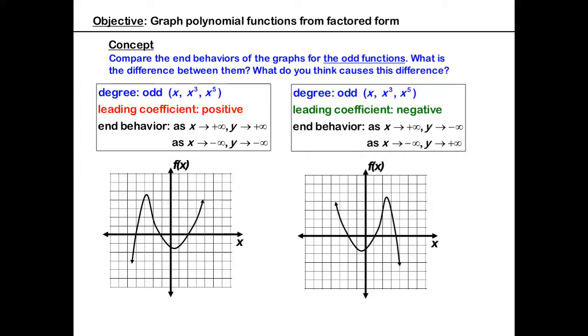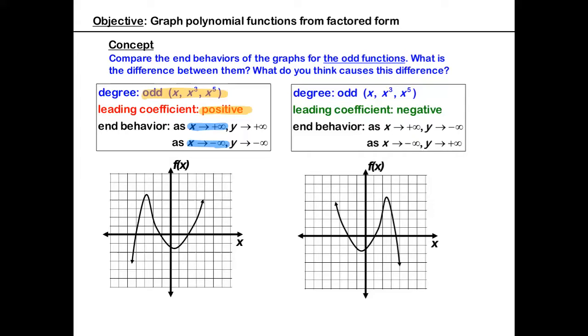All right, so I want you guys to notice up here, we have the degree. If I have an odd function, meaning like the odd exponent, x to the first, x cubed, x to the fifth, what happens to the end behavior? What does it look like? And if our leading coefficient is positive, what does that mean? So if you guys think back to what we did for end behavior, the first part, x is positive, x is negative, that talks about the left and the right side.